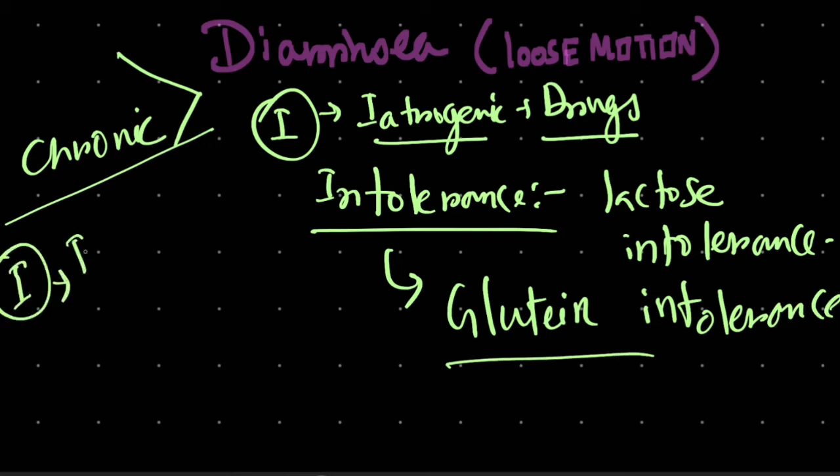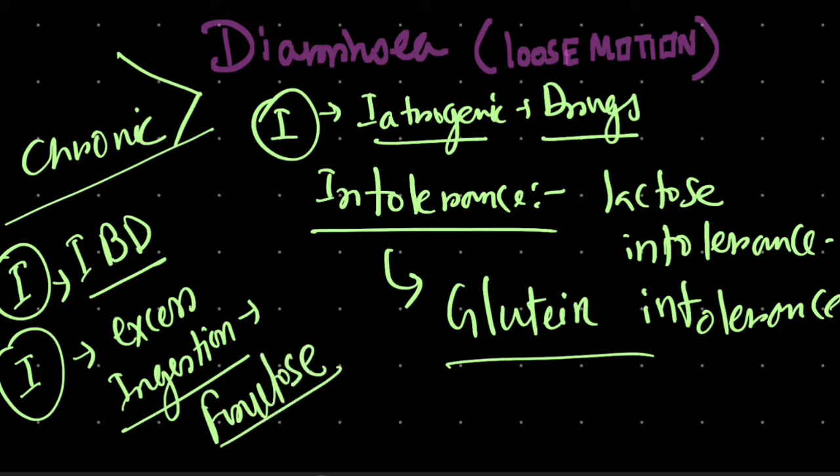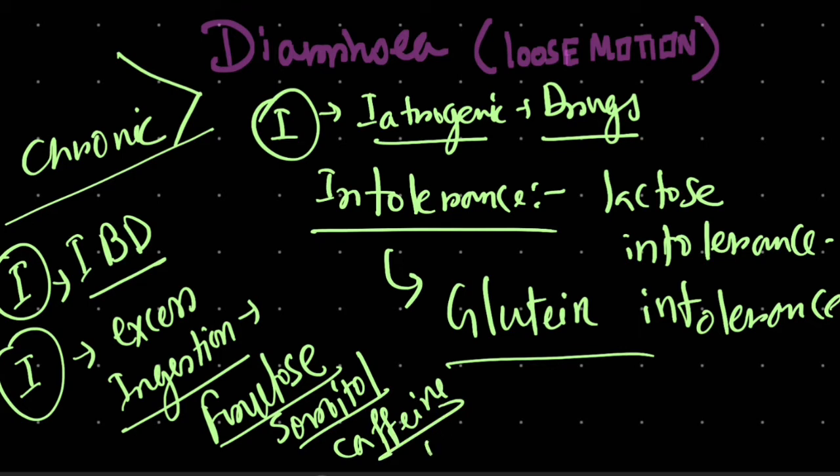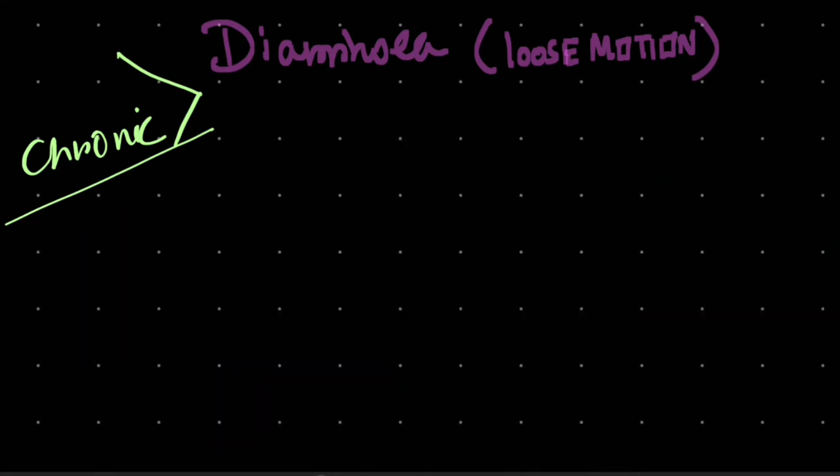Next cause from I is inflammatory bowel disease or IBD. The next cause is excess ingestion of certain compounds like fructose, sorbitol, caffeine, and other purgatives. These, if ingested in excess, can cause chronic diarrhea.